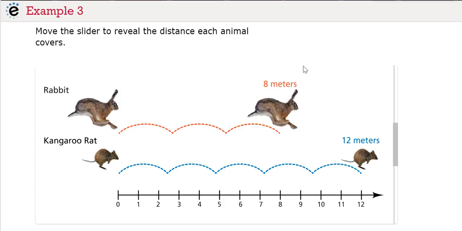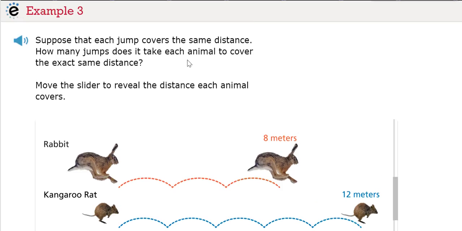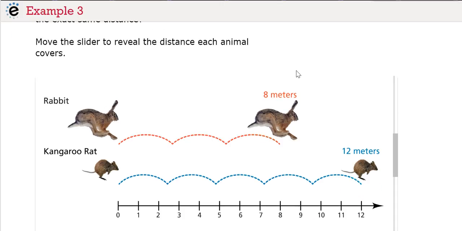Alright, taking a look at example 3. We have 2 animals jumping different increments, and we want to know how many jumps it would take so that they cover the same distance. There are a number of different ways we can solve this, but since we're talking about ratios, we're going to use ratios.